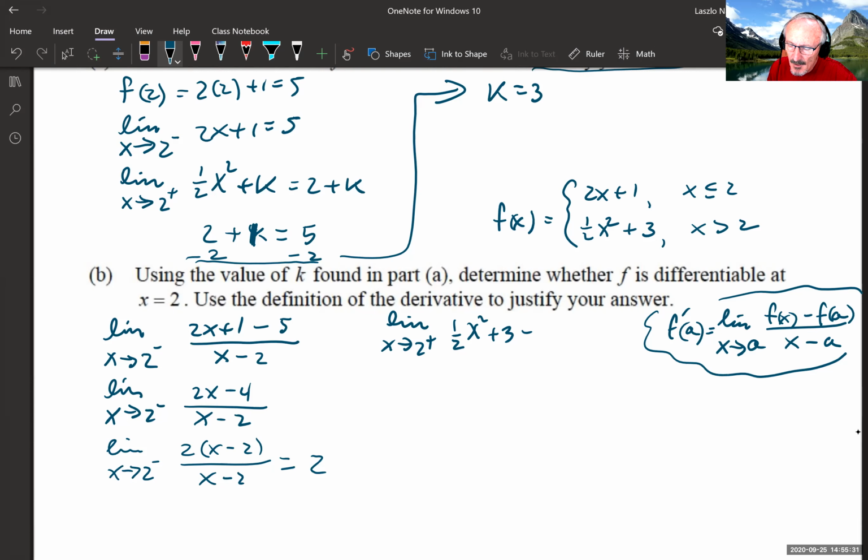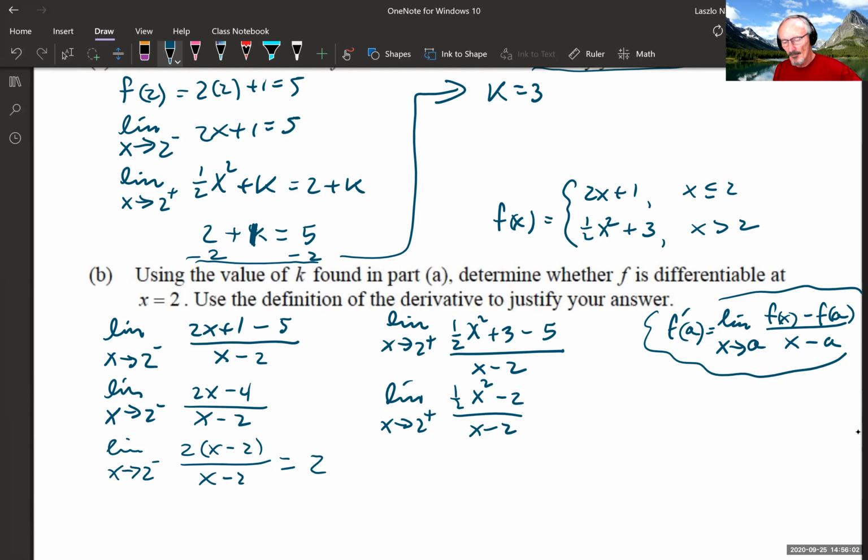We end up with 4, well, that's 2, we get 5. And in the denominator we have, of course, x minus 2. Well, let's see where this takes us. We end up with 1/2 x squared minus 2, all over x minus 2, and we're finding the limit as x approaches 2 from the right. And yes, we have a problem. We have 0 over 0.